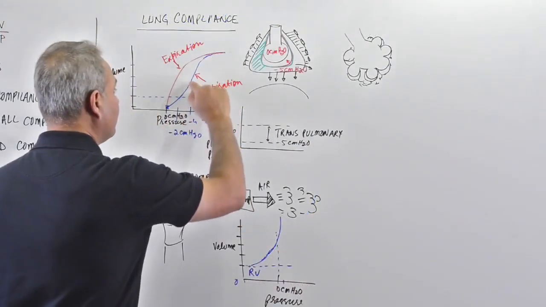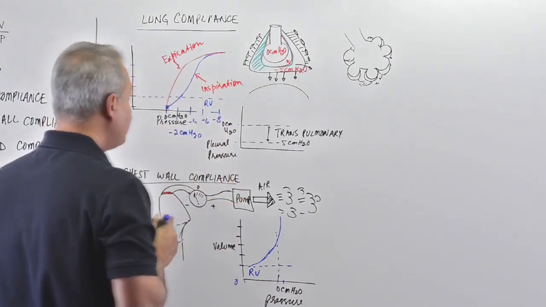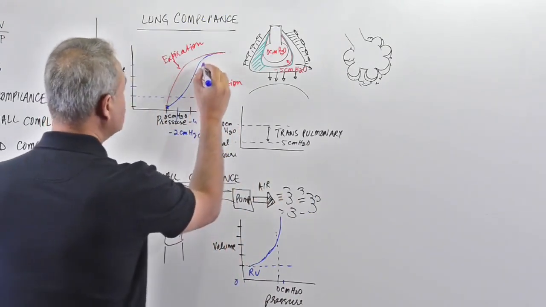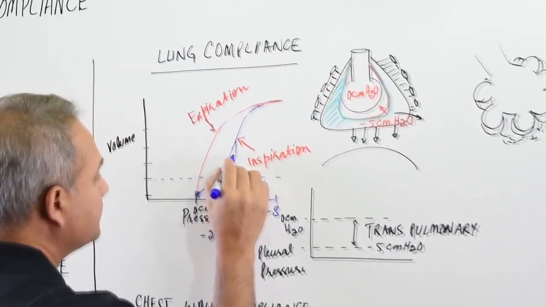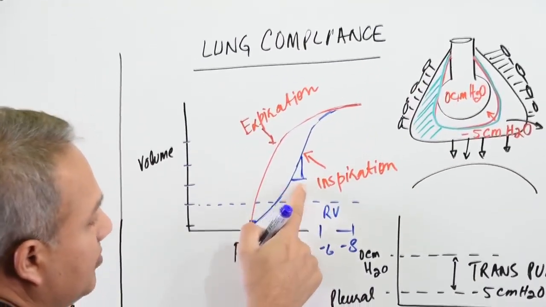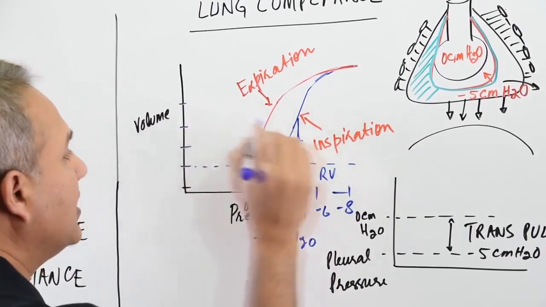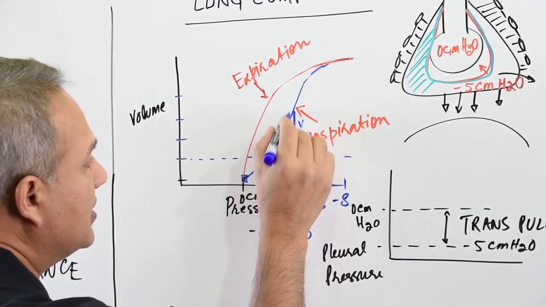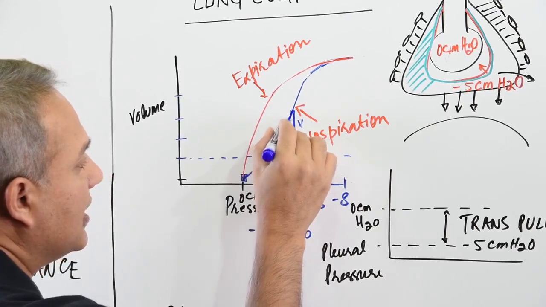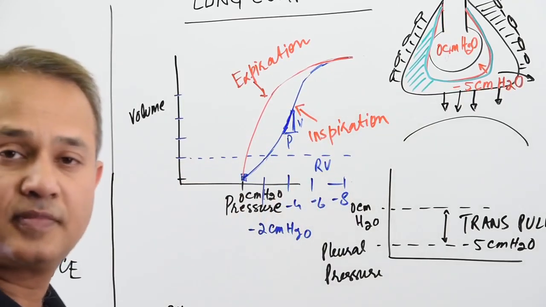This is the graph for a lung. Now the important thing here is the slope of this graph. What is here on the x-axis? Pressure. What is here on the y-axis? Volume. This slope is the compliance.